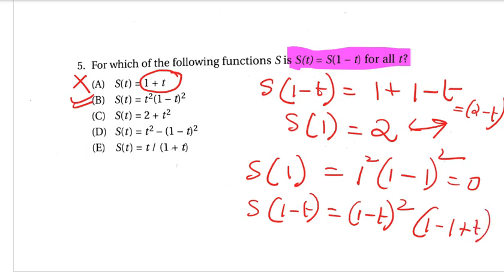What is happening over here? Instead of t, we are putting 1 minus t, and squaring it. So this is 1 minus t whole square, and this is t whole square, right?